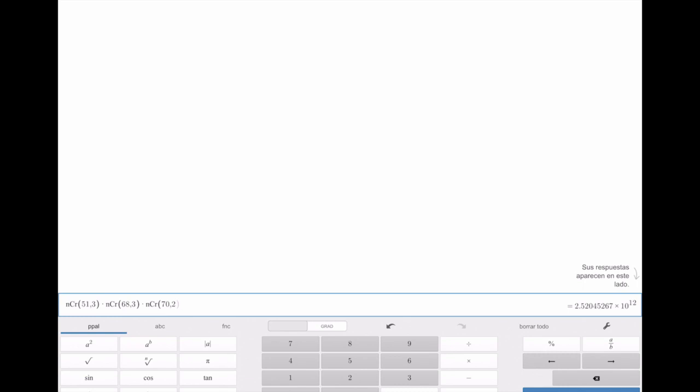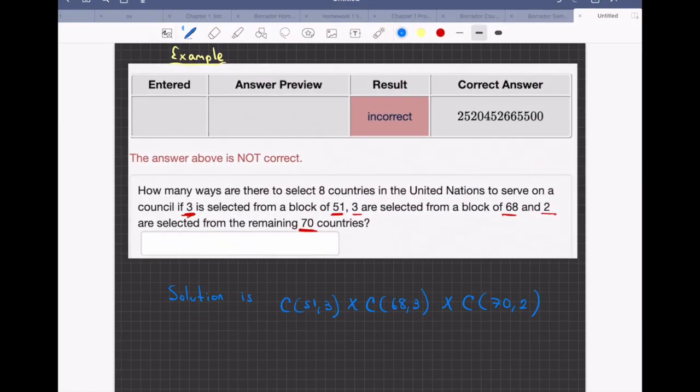And you can verify, notice here to the right, almost at the edge of the screen, you will see that the number is 2.5204527 times 10 raised to the 12. And that answer, you can verify, is the same answer we have here.